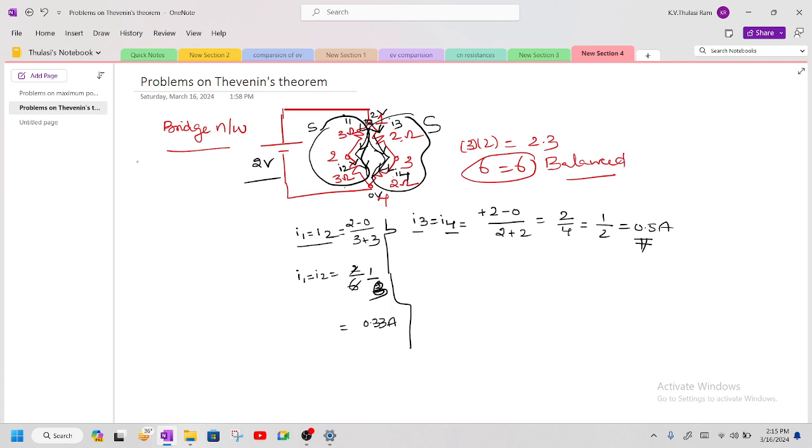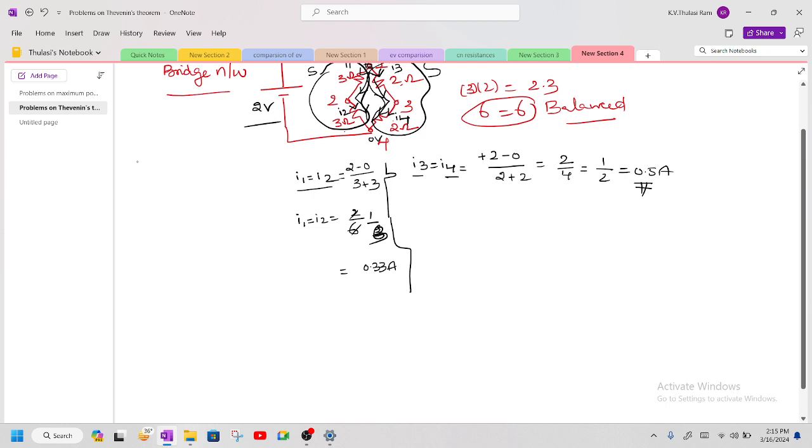When I consider the bottom end of the bridge, I'm going to have 2 and the terminal 3, and already these two elements are joined at one common point, called 4. As you already calculated the magnitude of I2, the current in this branch is 0.33 amperes.